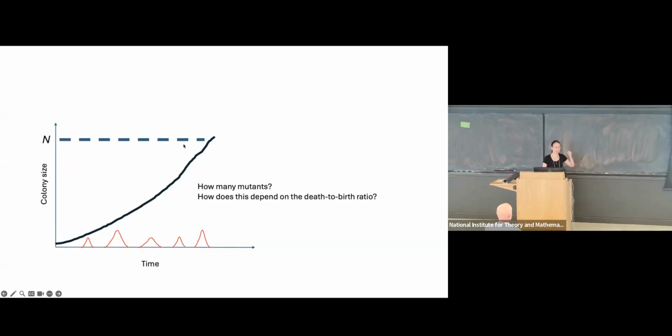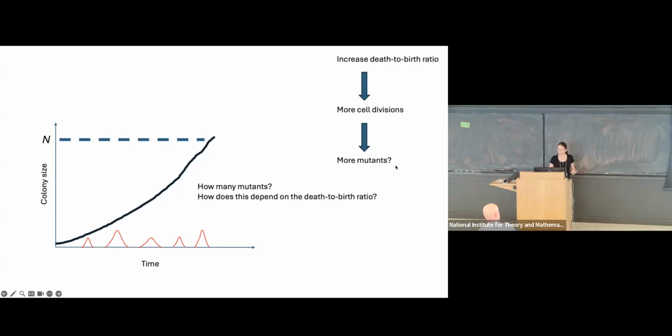If you turn on death, so increase death to birth, then the number of divisions to go here will increase, because you have to compensate for death. So here's a simple argument. You increase death to birth, there are more cell divisions, you expect to have more mutants.